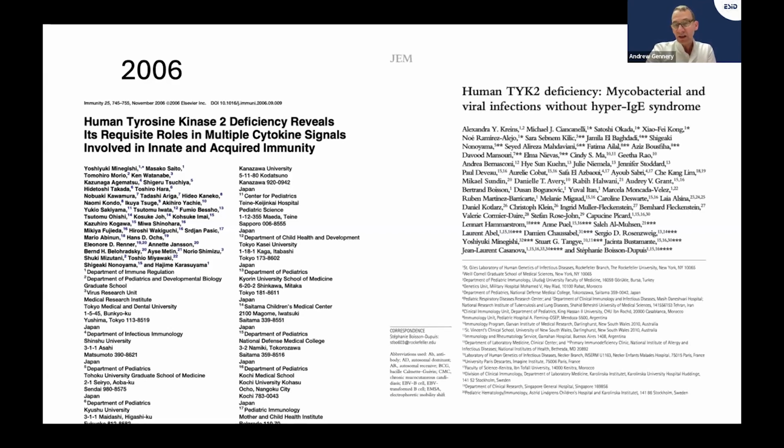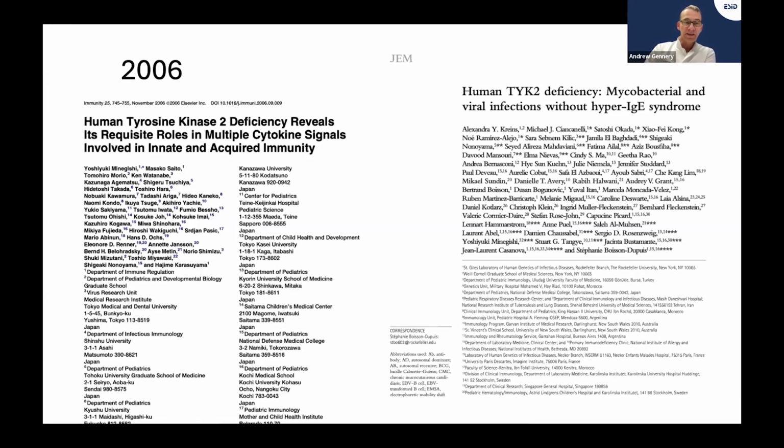But it took only very few months until the group of Jean-Laurent Casanova also identified patients with mycobacterial infections without elevated IgE levels, but with homozygous mutations in TYK2. So TYK2 deficiency is more a combined immunodeficiency with or without elevated IgE level, but it is not the explanation of the autosomal dominant hyper-IgE syndrome.